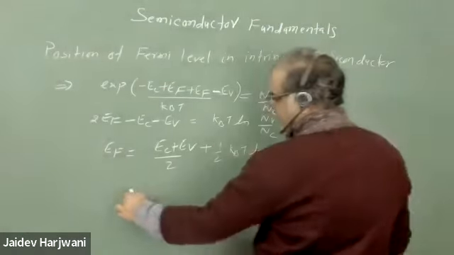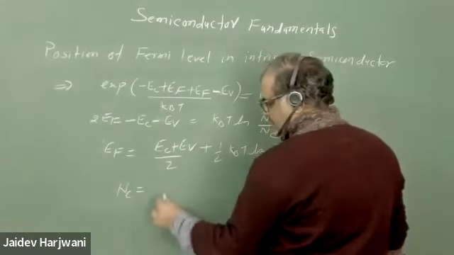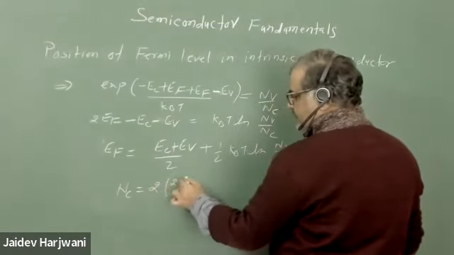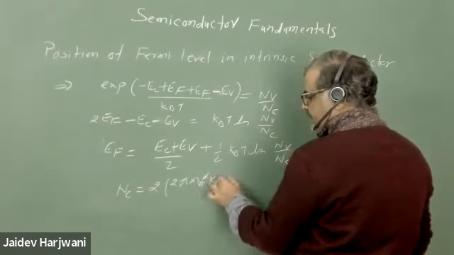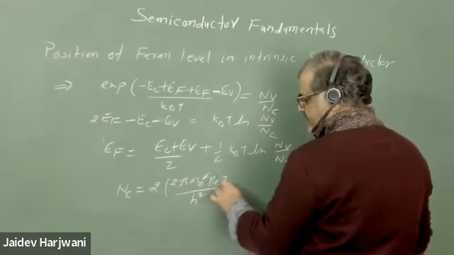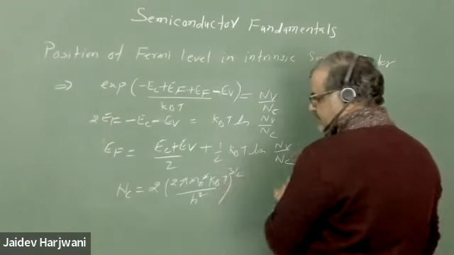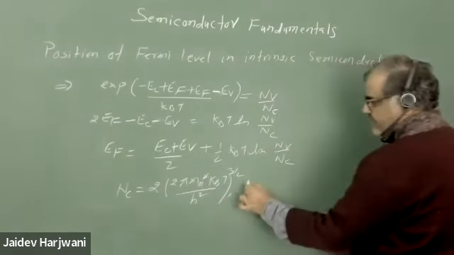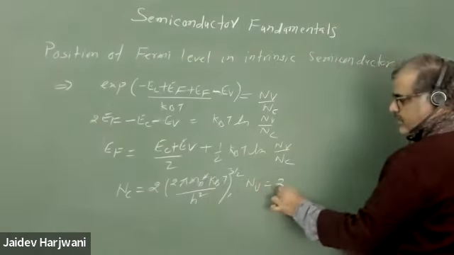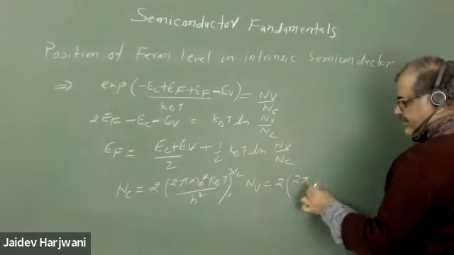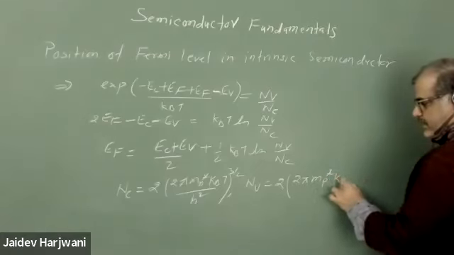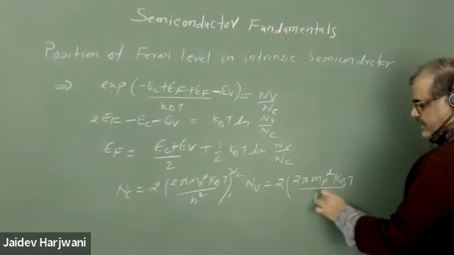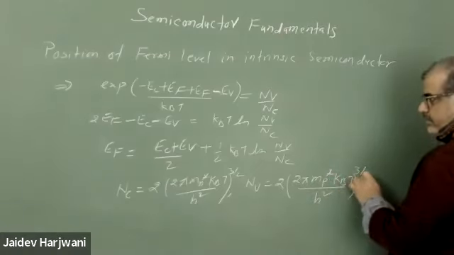Now I know what NC is. My NC is 2 into (2 pi mn star kBT upon h square) power 3 by 2, isn't it? And my NV is 2 into (2 pi mp star kBT upon h square) power 3 by 2.